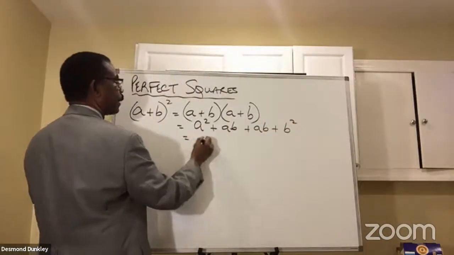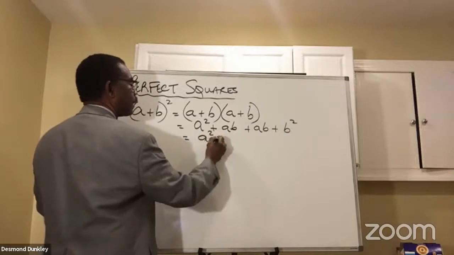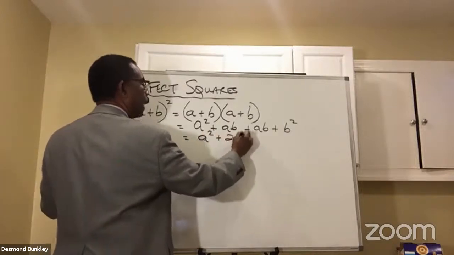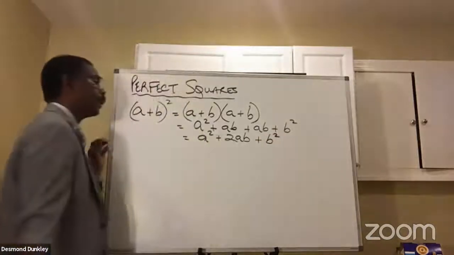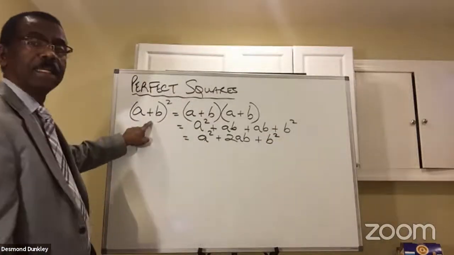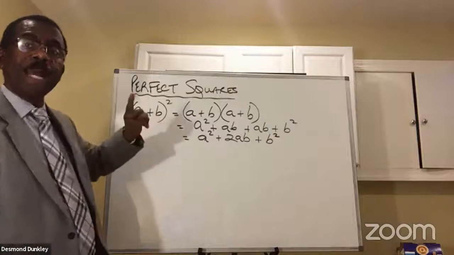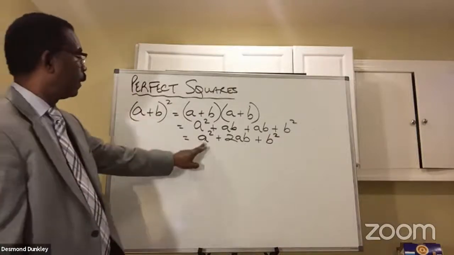So we see that it's actually equal to a squared plus 2ab plus b squared.